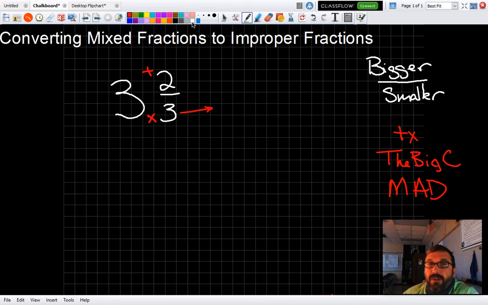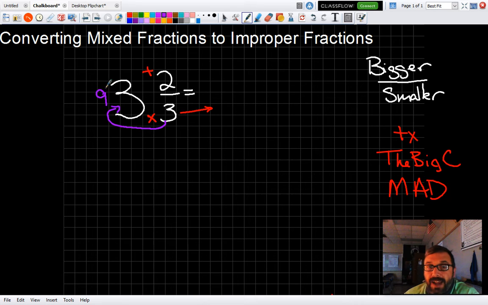Okay, and let me draw this a little bit differently. So what we're going to do is we are going to have 3 multiplied by 3. I have 3 wholes, and I am multiplying that fraction times 3. So 3 times 3, that gives me 9.